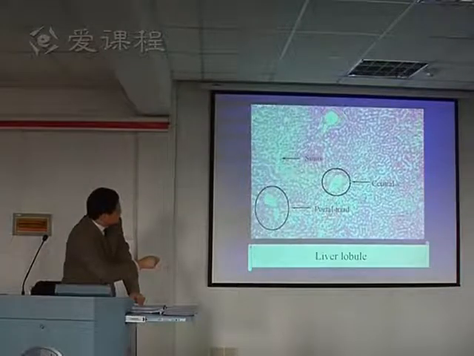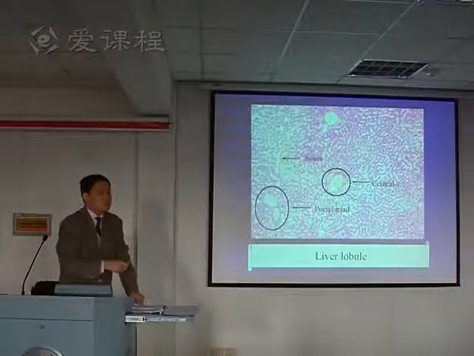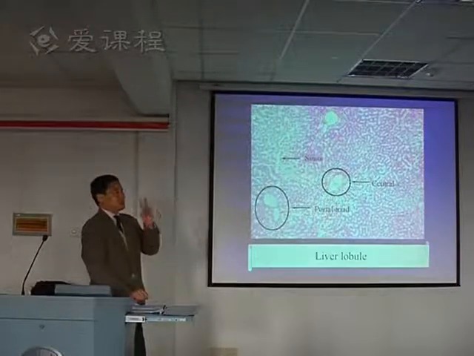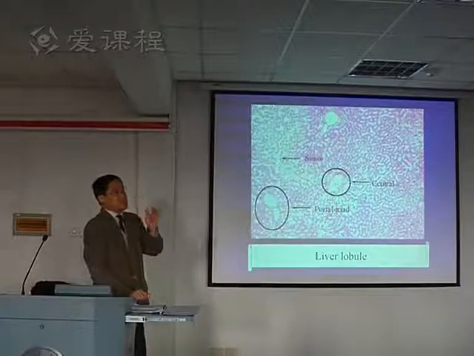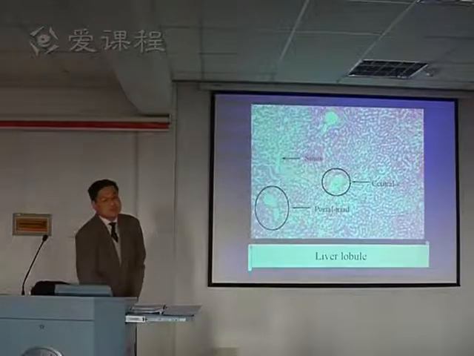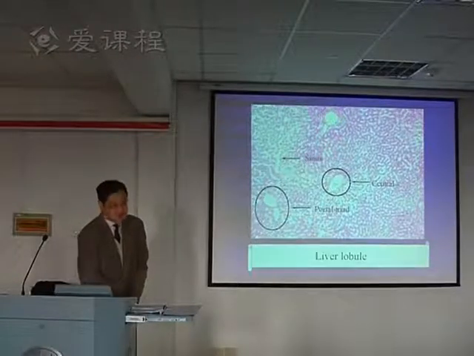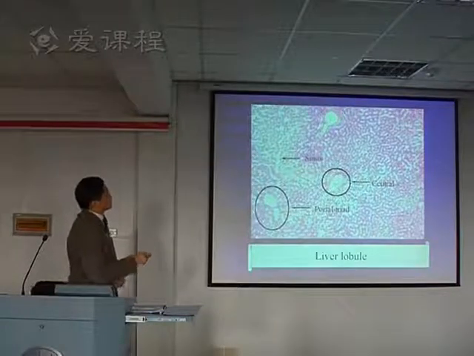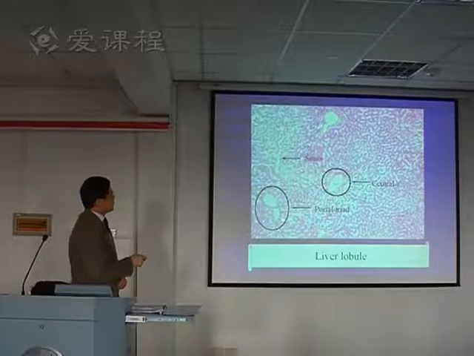This is the portal triad, which actually is the Glisson's sheath. It includes the portal vein, the hepatic artery and the bile duct.